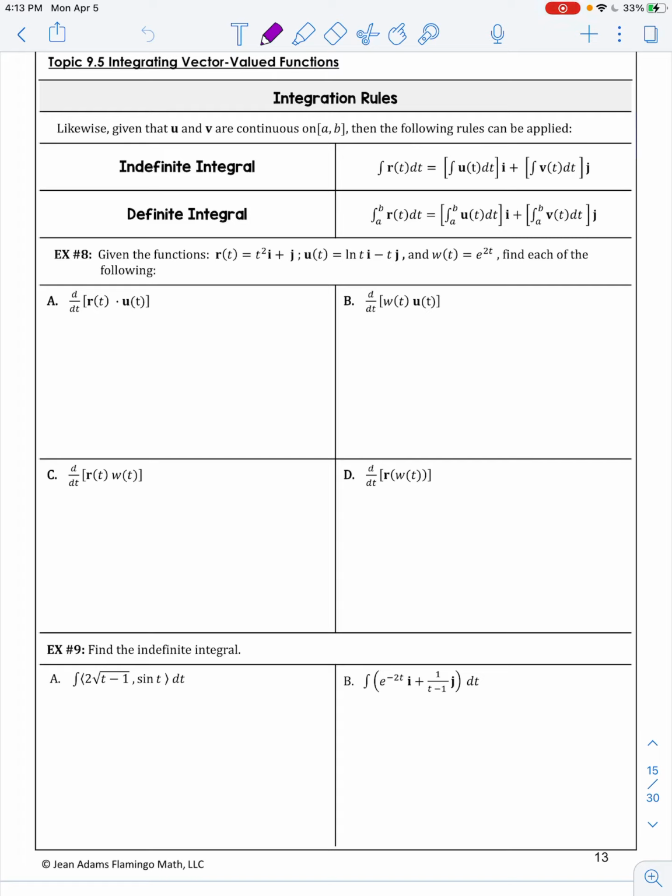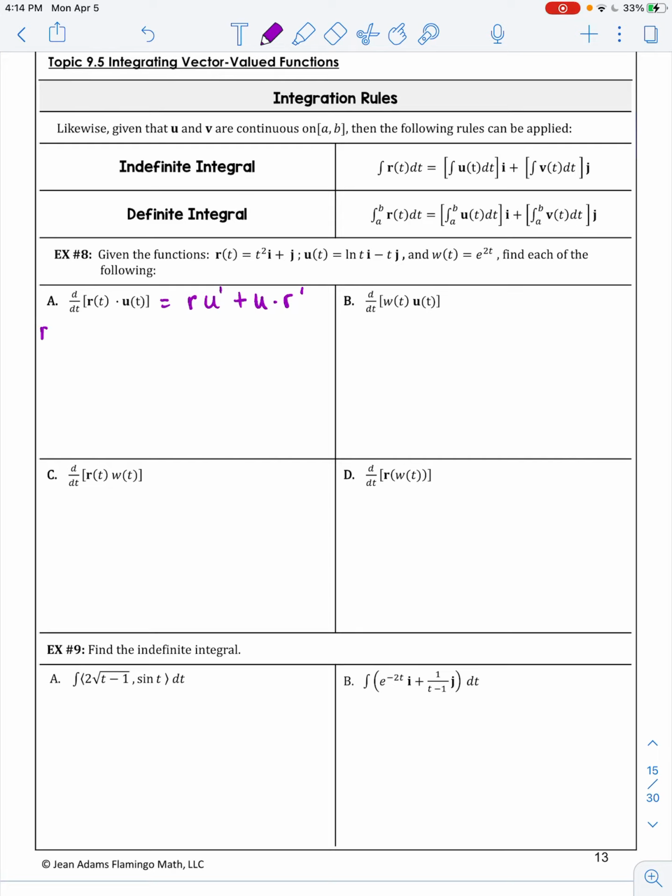And so for part A, d dt of the vector valued function r of t dot u of t, and we remember that this is going to be r times u prime plus u times r prime.